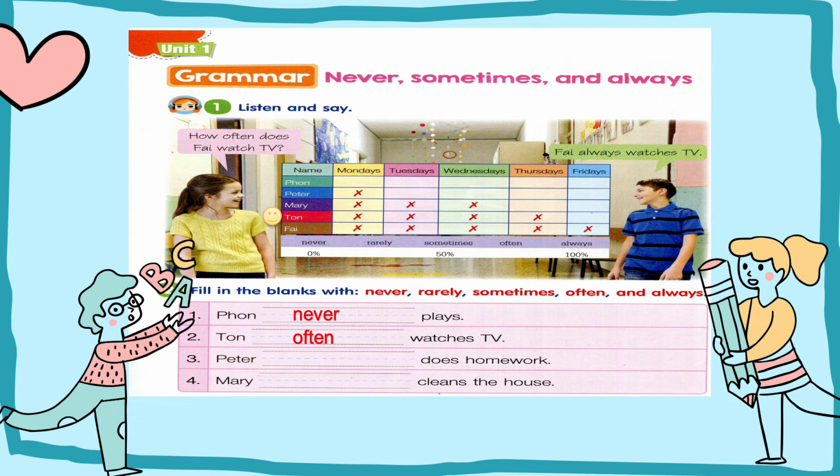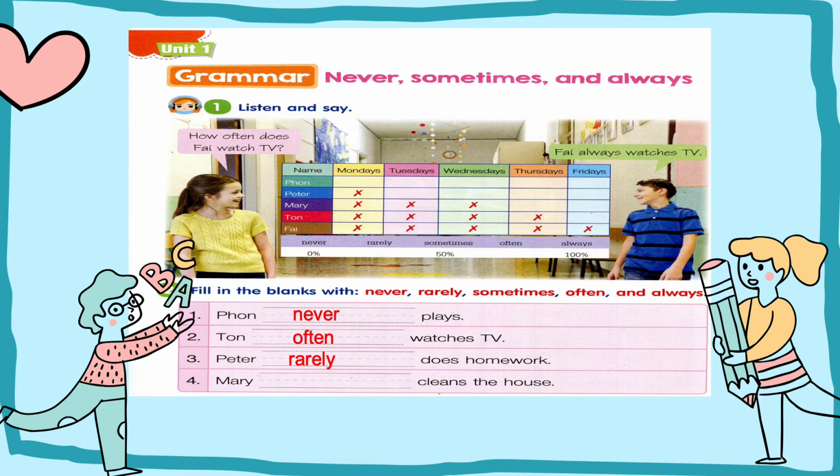Okay, very good. Next, number 3. Peter blank does homework. Where is Peter? Okay, Peter got only 1 mark. So the answer is Peter rarely does homework.